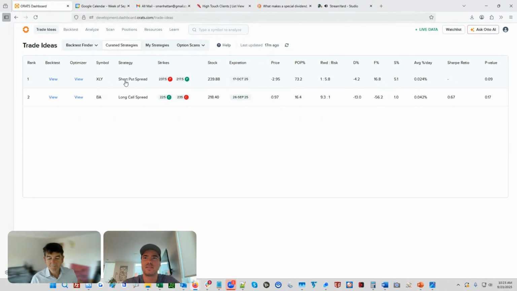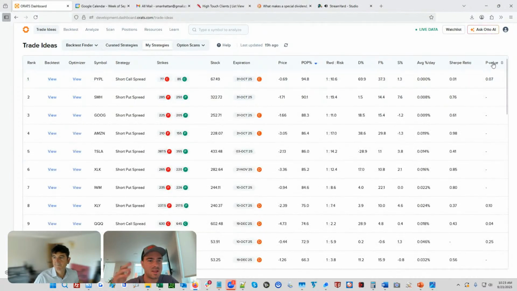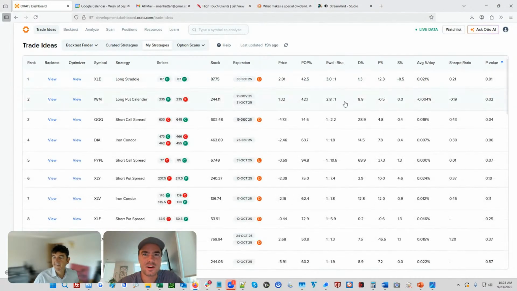Yeah, I mean, this is like the cutting edge of options research. The stuff we've done with path dependency in the backtest finder, like overlapping the trades, and then migrating that to the optimizer and the p-value tests. This trade ideas tab is the culmination, where it just spits out a trade after scanning for it.